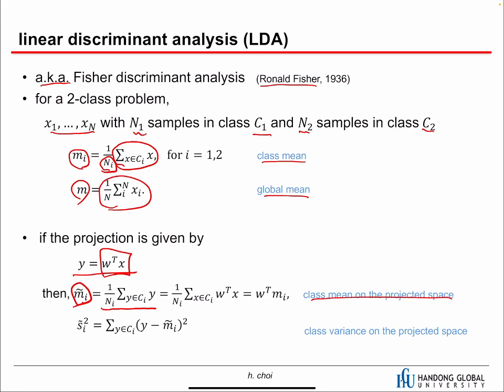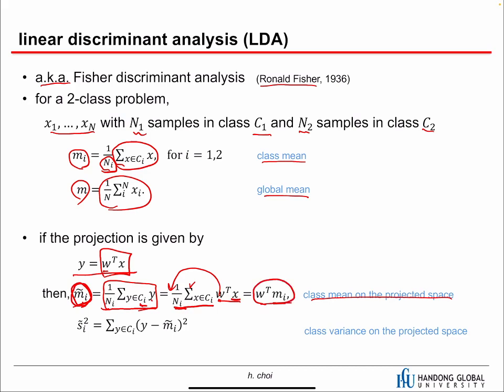We take all the samples in the class, and then we take an average, and Y is W transpose X. So instead of using Y, we can use W transpose X. W has nothing to do with this summation, so we can move it here. If you focus on this term, that is exactly the same as M sub I. So M sub I tilde is W transpose times M sub I.